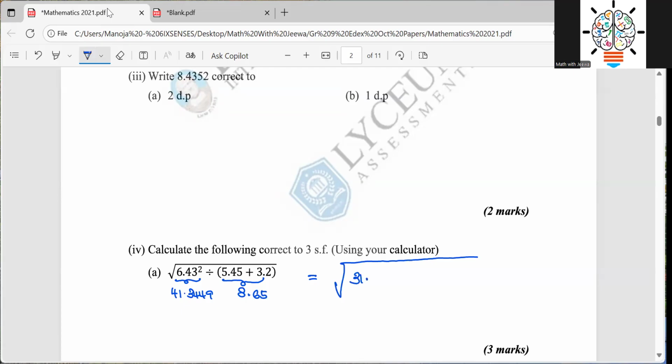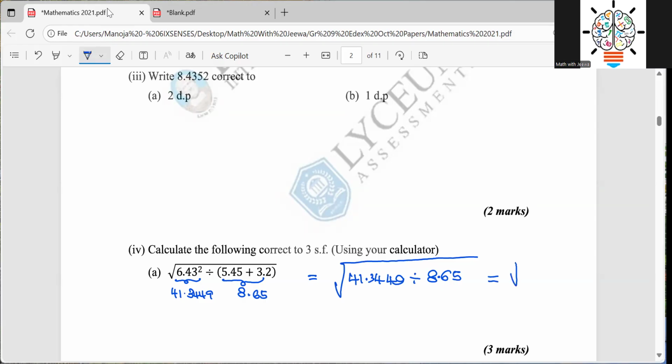So we have not 31, 41.3449. 41.3449 divided by 8.65.